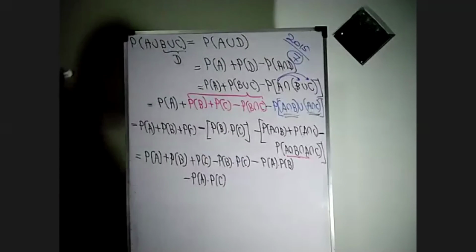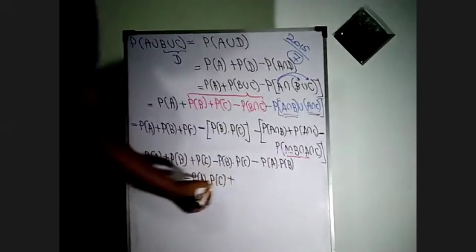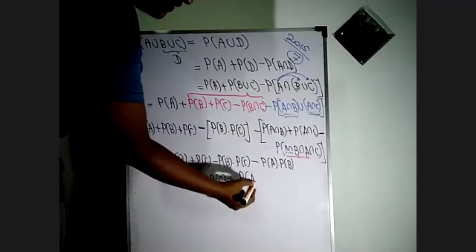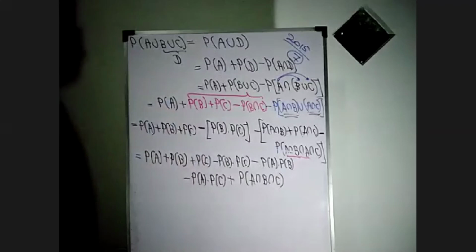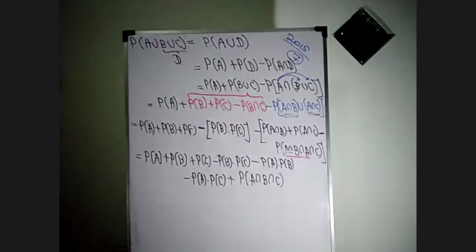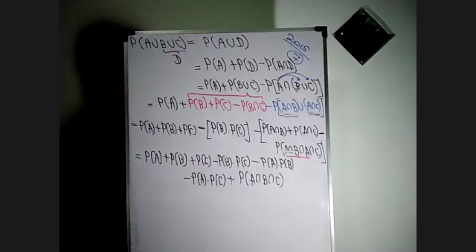Now for this entire thing, minus into minus become plus. What was our shaded one? A intersect B intersect C. Now what is this? A intersect B intersect C, PA, PB, PC.